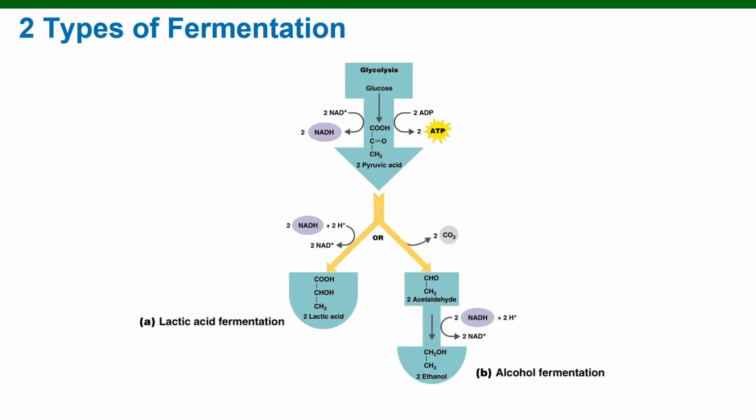So with lactic acid fermentation, which is a bit simpler fermentative process, there's really only one major final step left, which is that the pyruvate acts as the final electron acceptor. So the FEA is pyruvate.